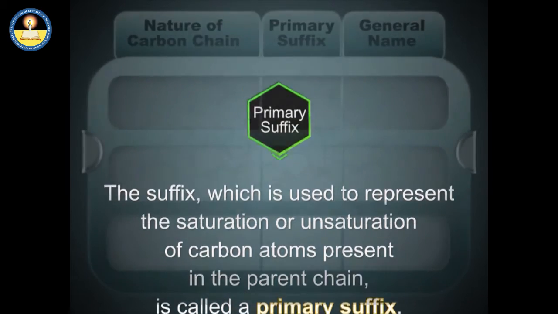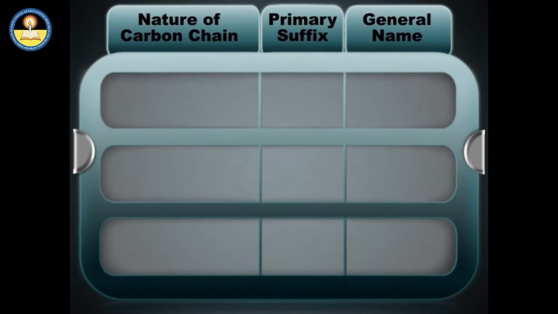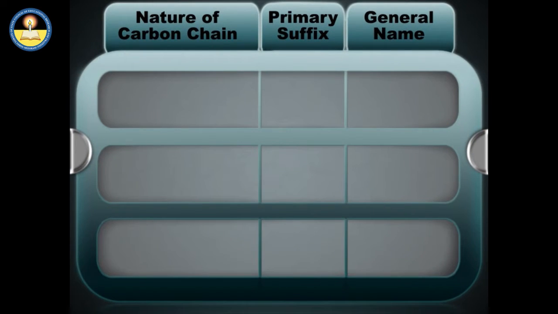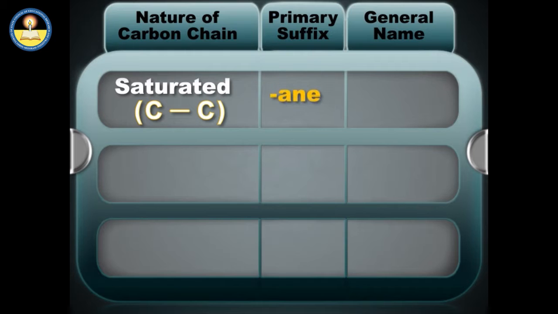Have a look at basic primary suffixes as shown on screen. If the nature of carbon atom is saturated, it means that there will be a single bond between carbon atoms. Primary suffix will be ane. General name of the compound will be alkane.